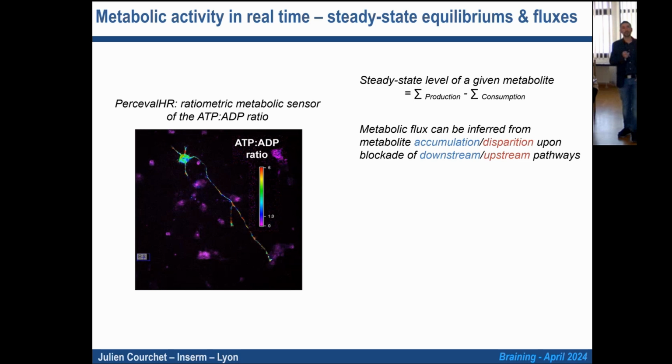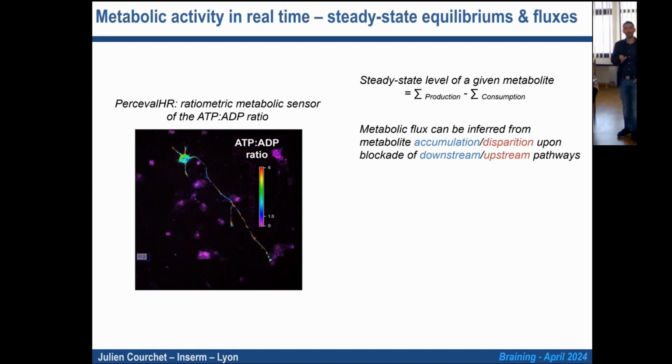You see on this picture at a given time what are the equilibriums of ATP production in the cell. But the steady state level of a given metabolite, ATP like anything else, is basically the sum of the production minus the sum of the consumption. And those evolve with time and depend on the conditions that the cell is subjected to.